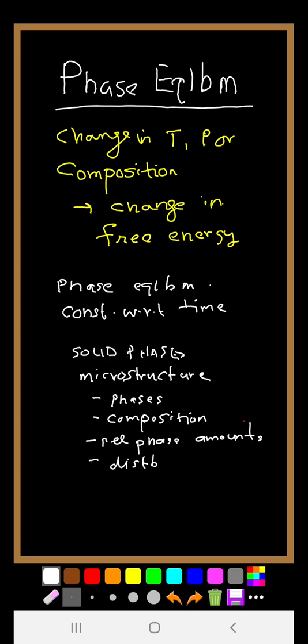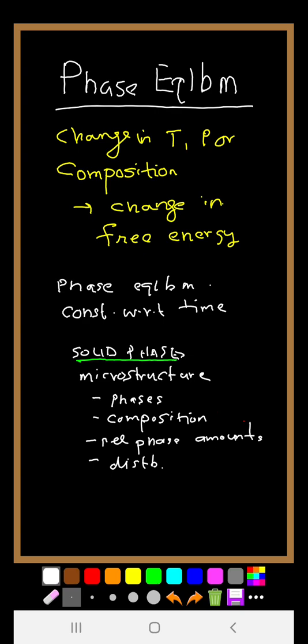So these things should be considered when we are dealing with solid phases and trying to understand the phase equilibrium between them. Free energy considerations and diagrams provide information about phase equilibrium, and this is necessary for the attainment of a new equilibrium.